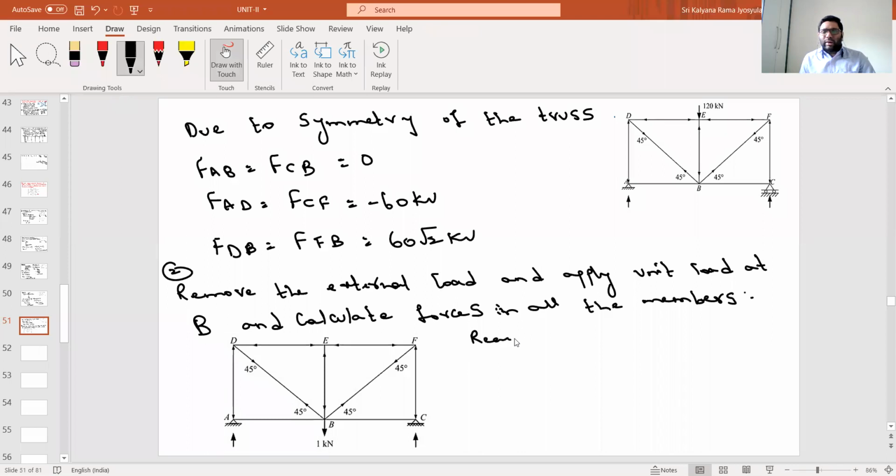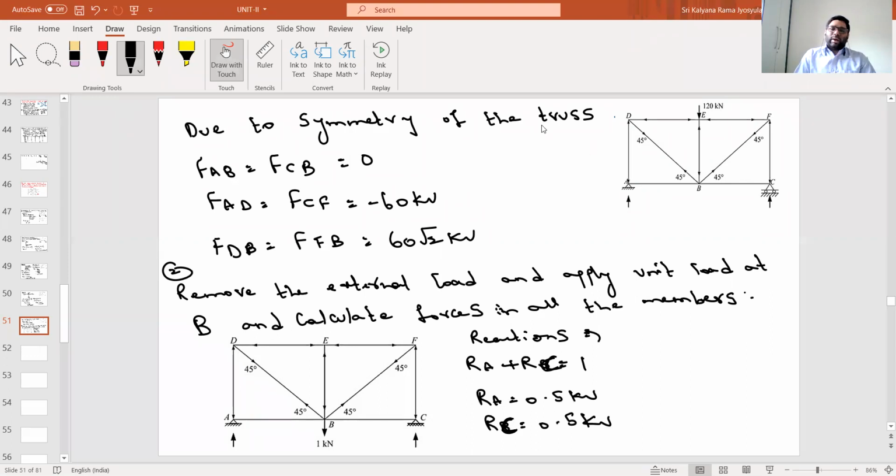So first, the reactions. RA plus RB is equal to 1. For a center load, RA is equal to 0.5 kilonewton and RB is equal to 0.5, so RC is equal to 0.5 kilonewton.